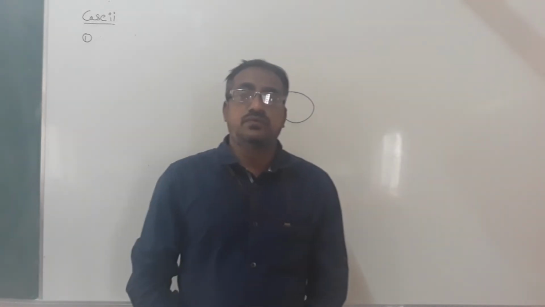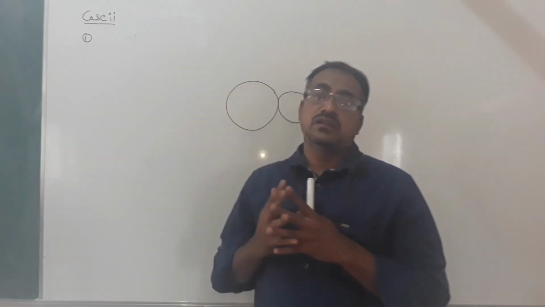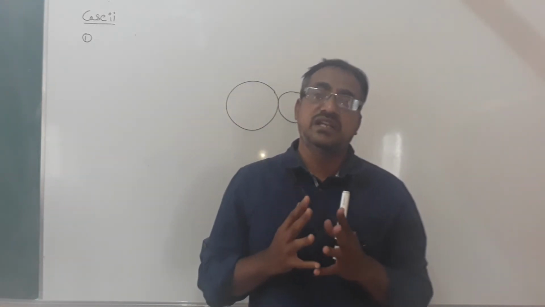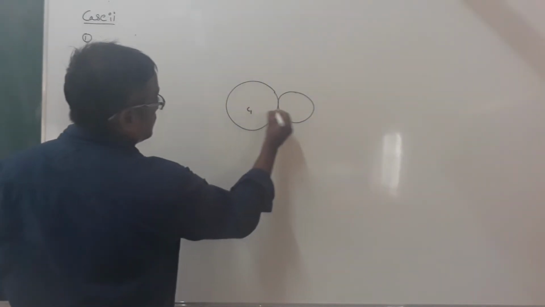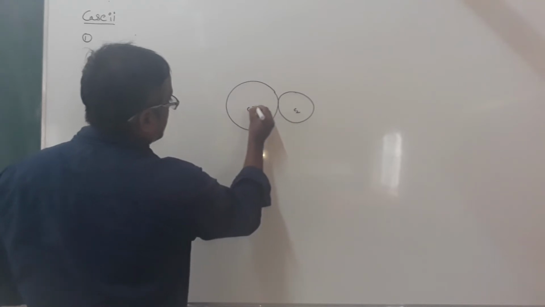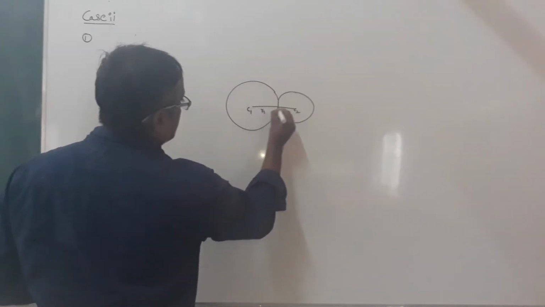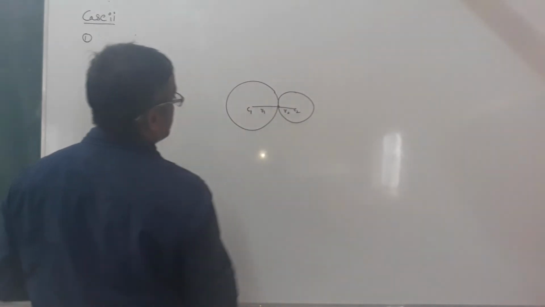Now case 2. You can see the two circles are touching each other externally. Let C1, C2 be the centers and R1, R2 be the radii.